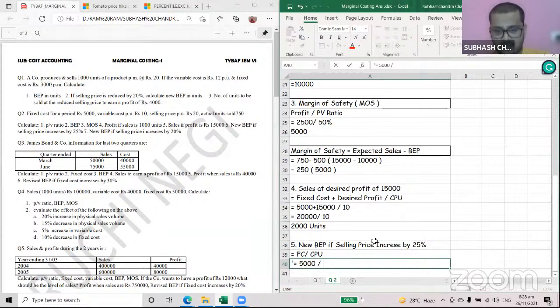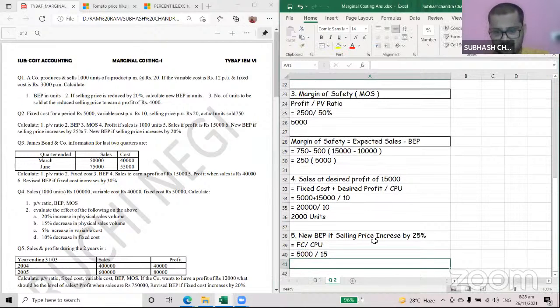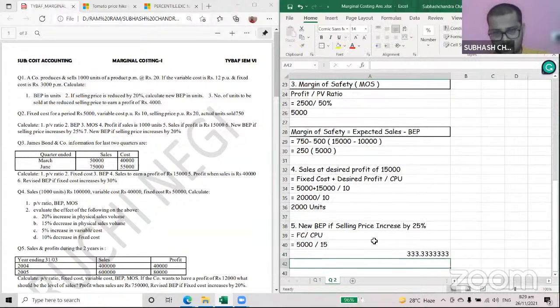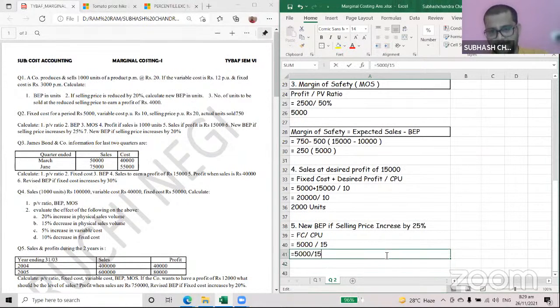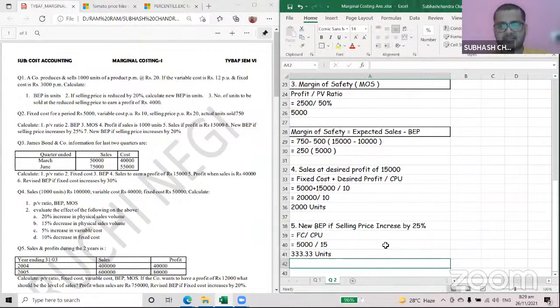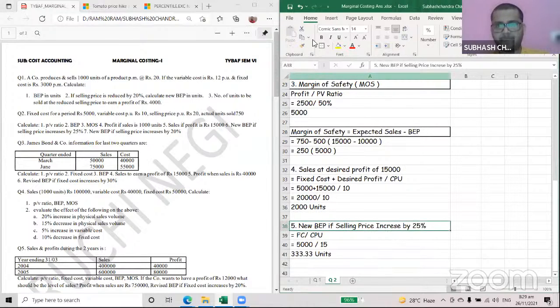Contribution per unit will be how much? It was 15. So what will be the answer? Around 333. So we'll write here 333.33 units. Is this clear to everyone?